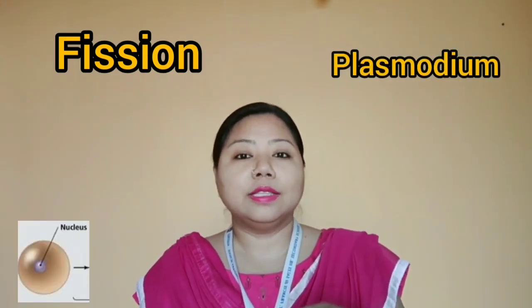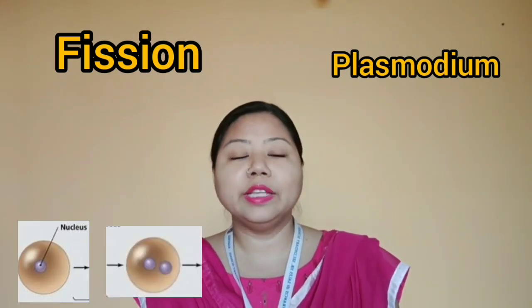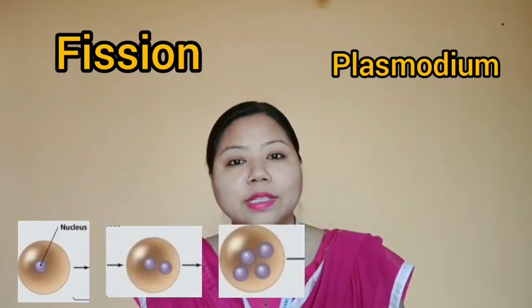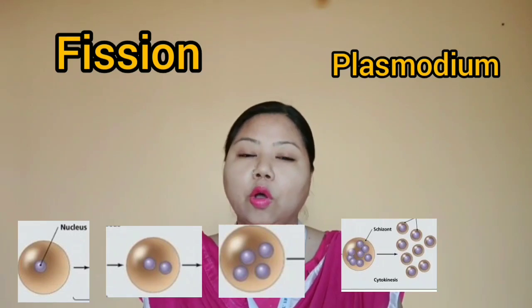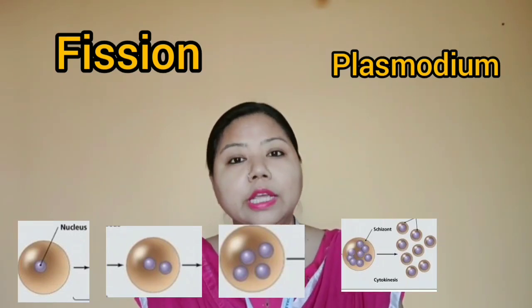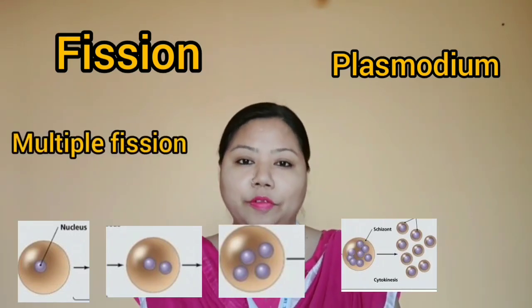Fine. In organisms like the malarial parasite Plasmodium, the cell simultaneously divides into many daughter cells, and this pattern of fission is called multiple fission.